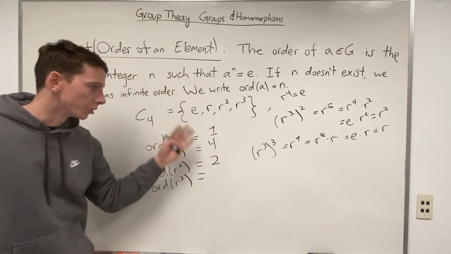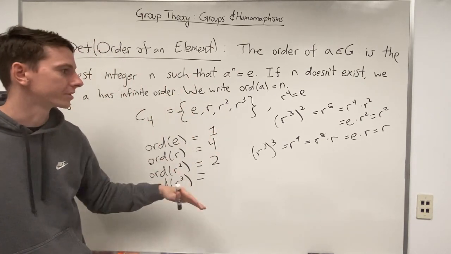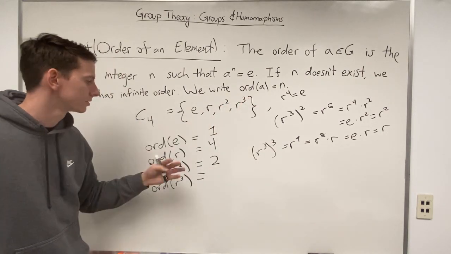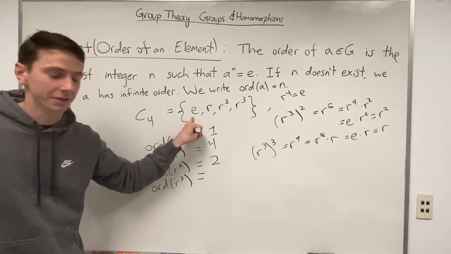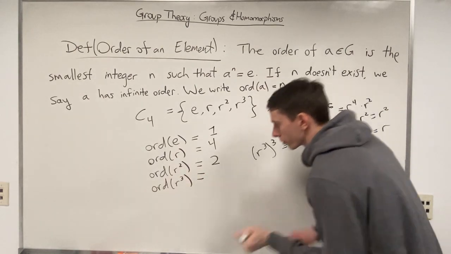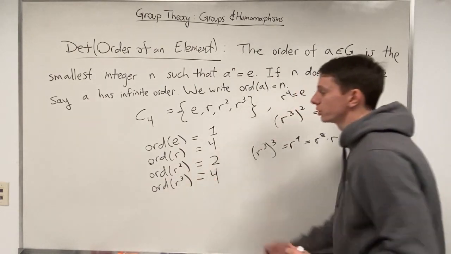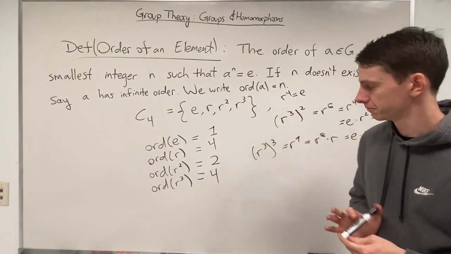If we were to apply it a 4th time though, we would get R to the 12th, which eventually would get back to the identity. So the order of R cubed, just like the order of R in this case, would be 4.